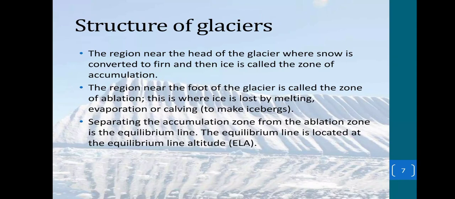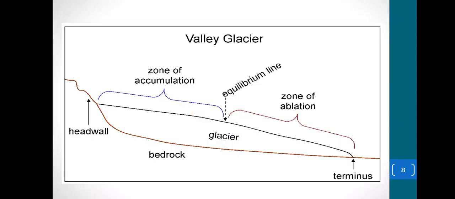Separating the accumulation zone from the ablation zone is the equilibrium line, at the equilibrium line altitude. This is a valley glacier: zone of accumulation, then the equilibrium line in the middle, zone of ablation after that, and below it the bedrock.